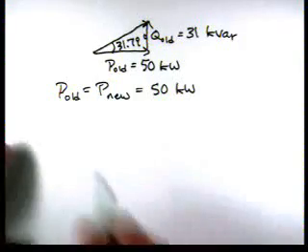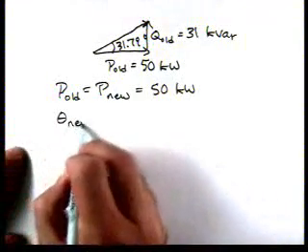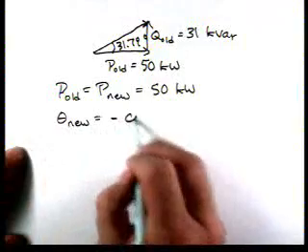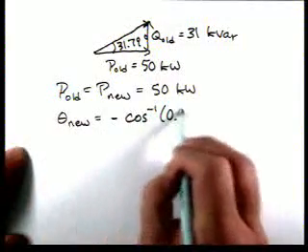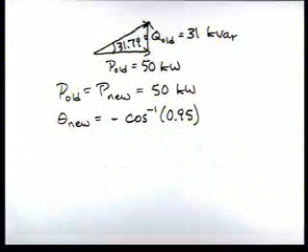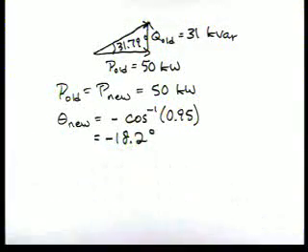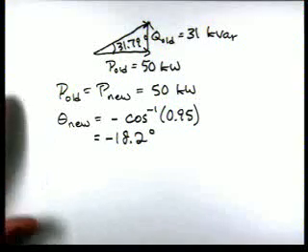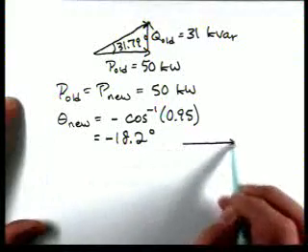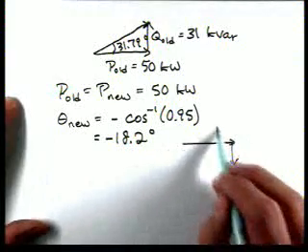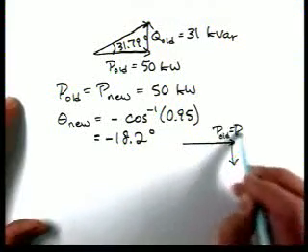And theta new, we should get from the new power factor. It's going to be minus the cosine inverse of 0.95. Now, we were asked to correct the power factor to 0.95 leading, and since it's leading, the angle's negative, so theta new is minus 18.2 degrees. So now our power triangle is going to look like this.